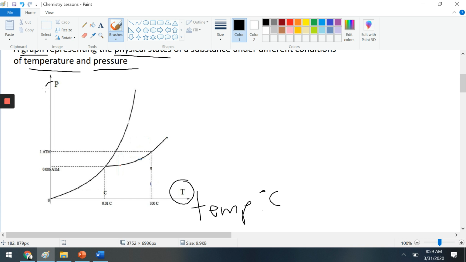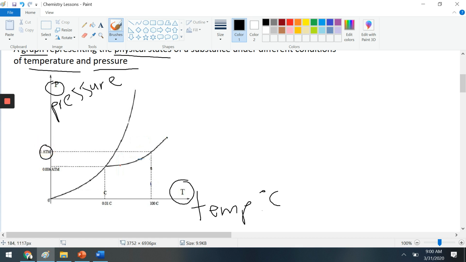For the pressure, remember, pressure of a gas is the amount of force that the gas particles exert on the side of the container. So over here, this is your pressure. And the unit that they're going to be using for this graph is ATM, which stands for atmospheric pressure.